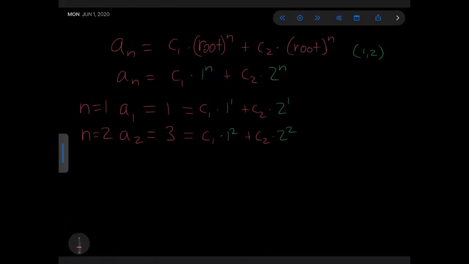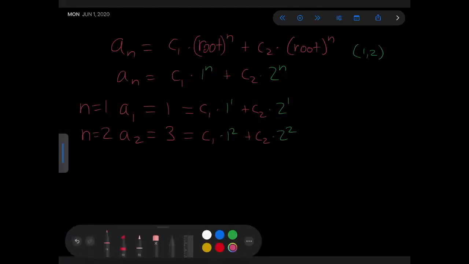we have a2 is equal to 3, which is what we assigned it as, which is equal to c1, which is our constant, times 1 squared, which is our root raised to the power n, plus c2, which is our other constant, times 2 squared, which is our other root to the power of n.